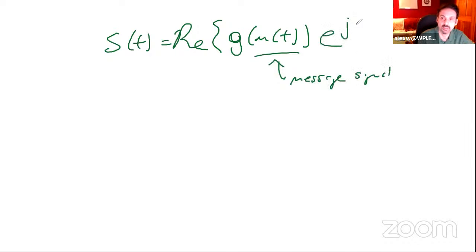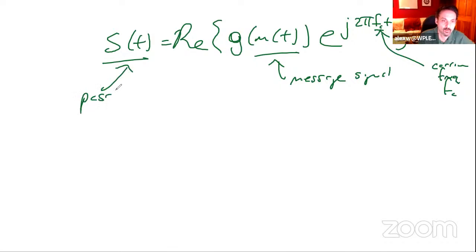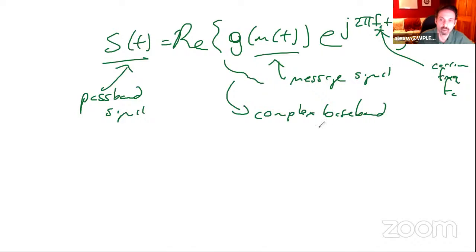And then it's modulated to some carrier frequency, fc, right? And this is the passband signal. And this g, that's our complex baseband signal. All right. So we have this representation.